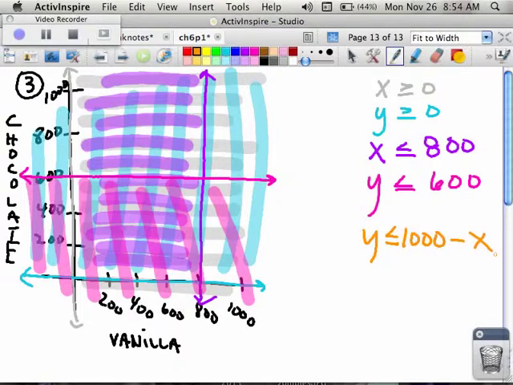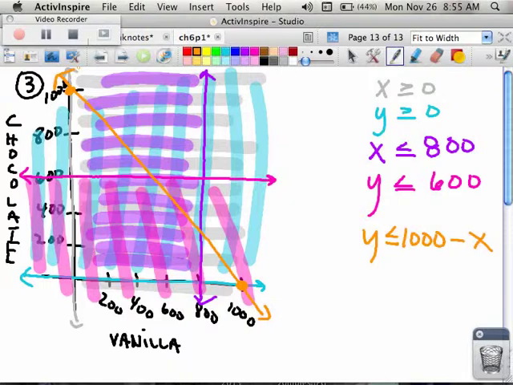That means that my y-intercept is at 1,000. And then I go down one, right one, because that's my slope, -1. Or in other words, if I went down 1,000, I would go right 1,000. Because that's the same as going 1-to-1 ratio, 1,000 to 1,000 ratio. I connect the dots, and this is my last constraint.